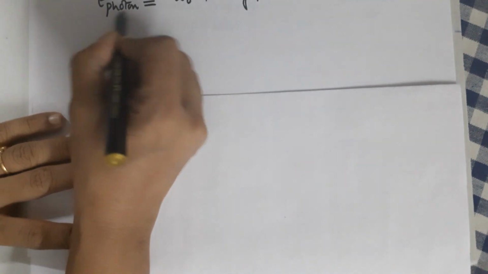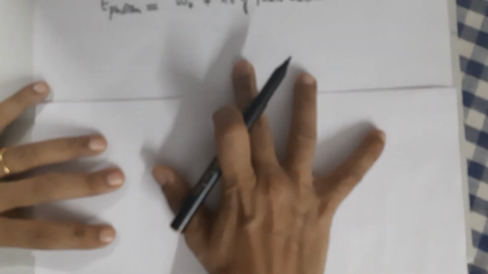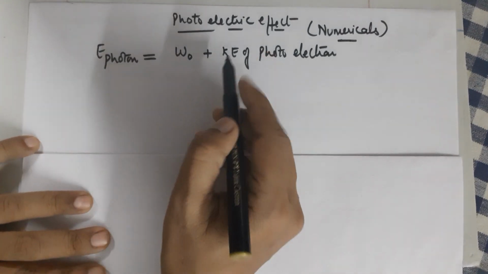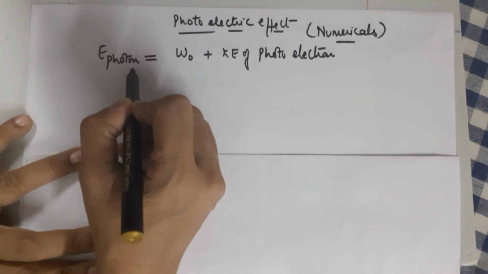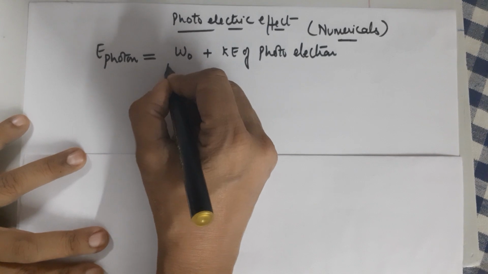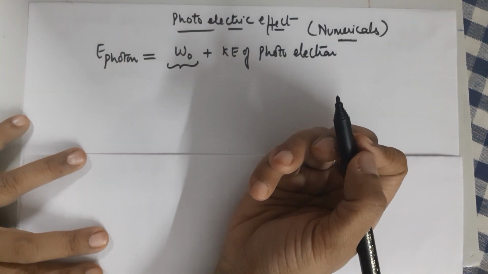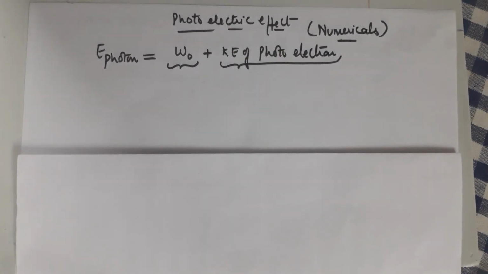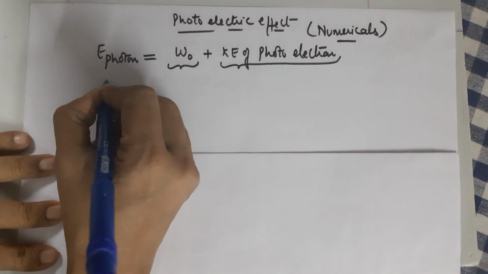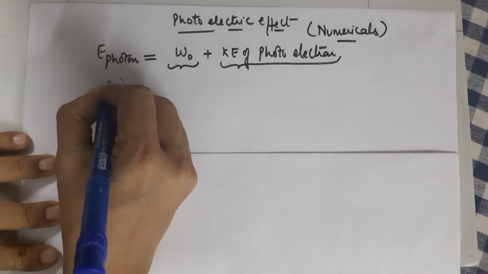Photoelectric effect: the energy of the photon which hits onto the metal surface is used for two functions. One is just to bring the electron onto the surface, and second to push it to move, that is the kinetic energy. Now, this photon's energy can be calculated by h mu.